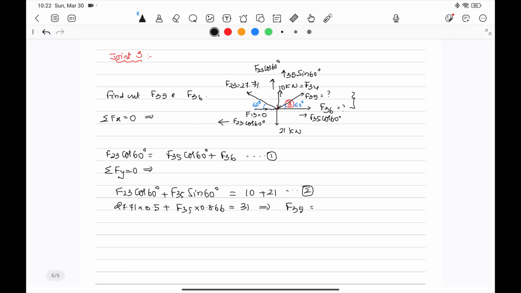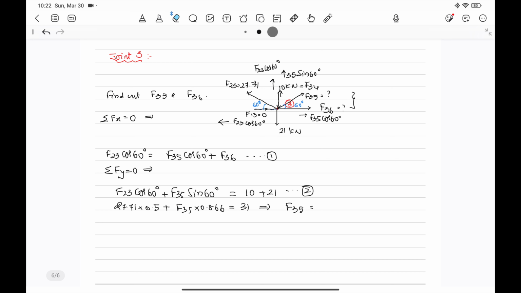That is for sigma Fx: F23 into cos 60 is equal to F35 into cos 60 plus F36. That is perfect. Next for Fy, F23 into, it is sin 60, it is not cos 60.